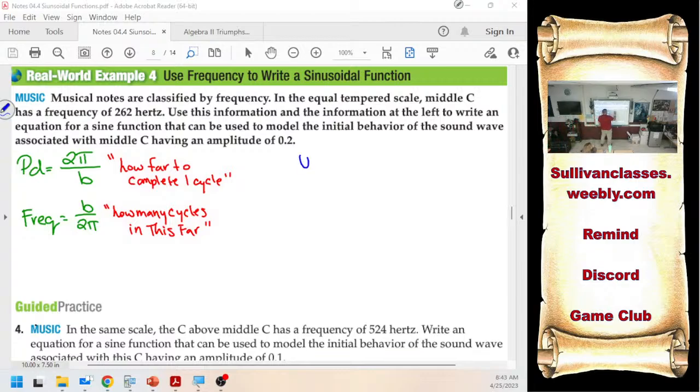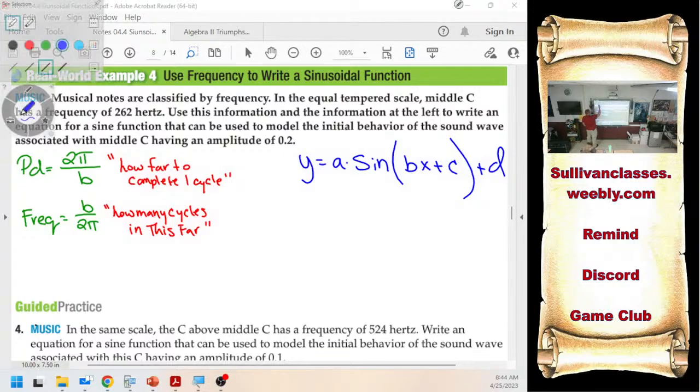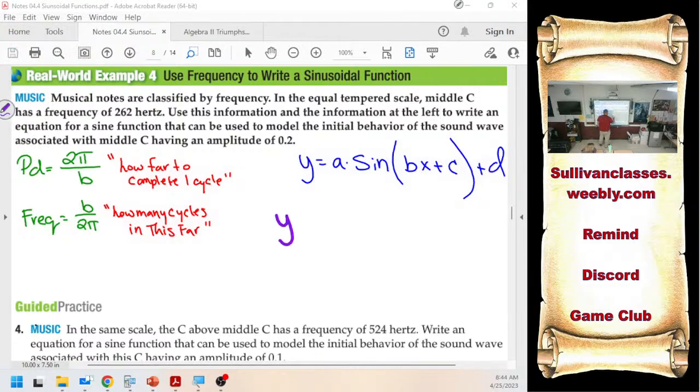If I have y equals a times sine of bx plus c plus d, remember that was our form, what information did they give us? Well, they told me the amplitude, so I know that much. So I got y is 0.2 sine of, what other information was I given? I was given frequency.